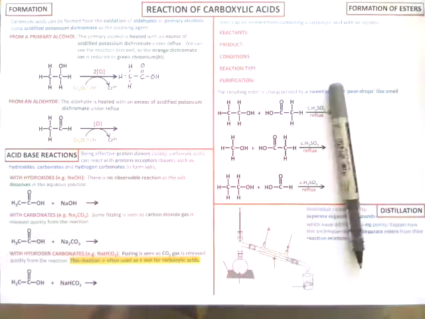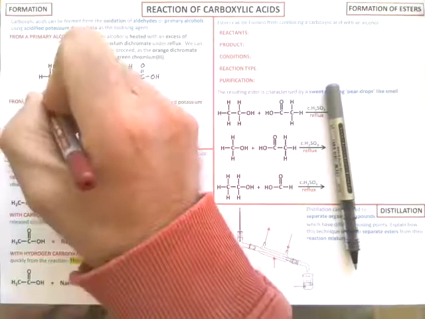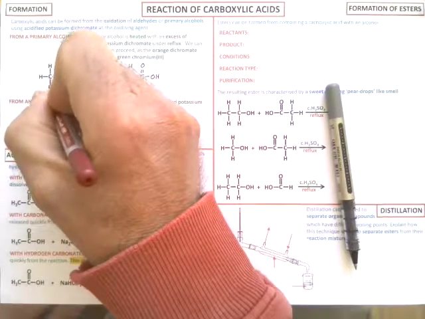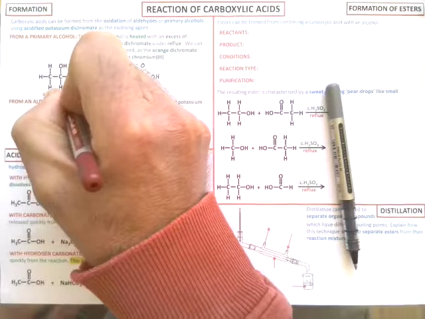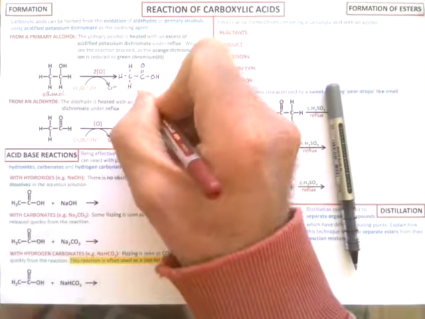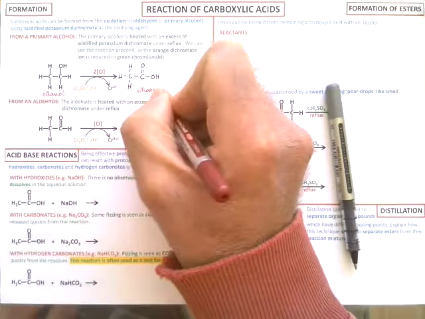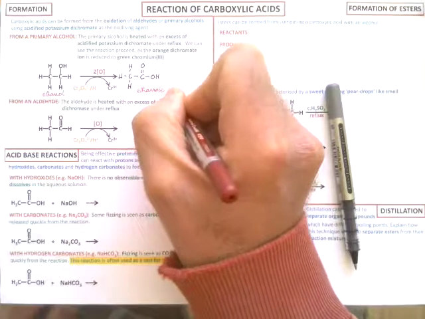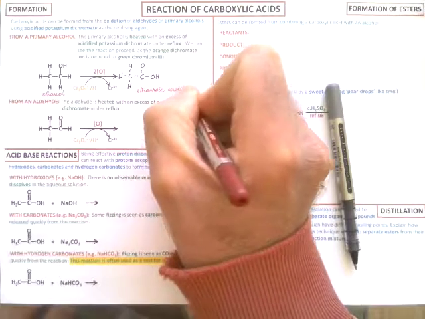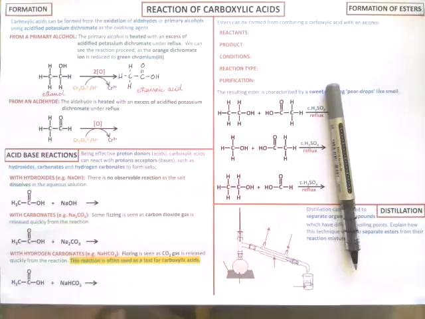So ethanol becomes ethanoic acid. Now, the ethanol is colourless, and so is the ethanoic acid.